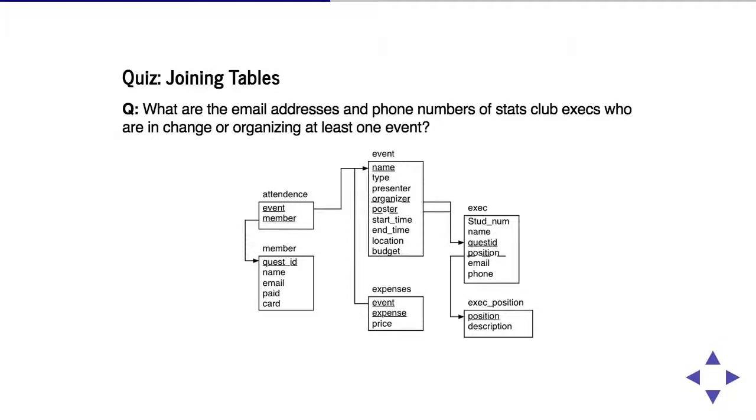The table dot is only needed when there's confusion, but there's nothing in common. You only need to do the table dot name if you use the name, because there's name for event and name for exec.